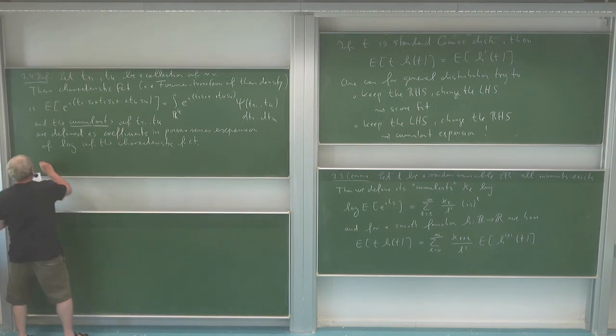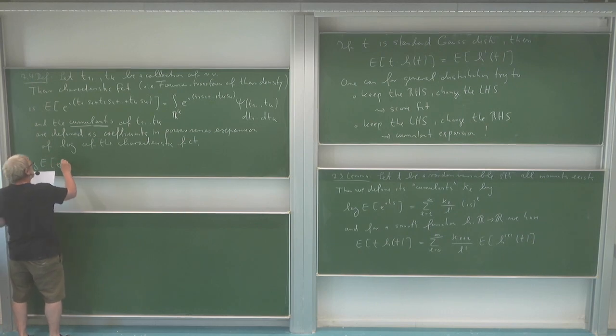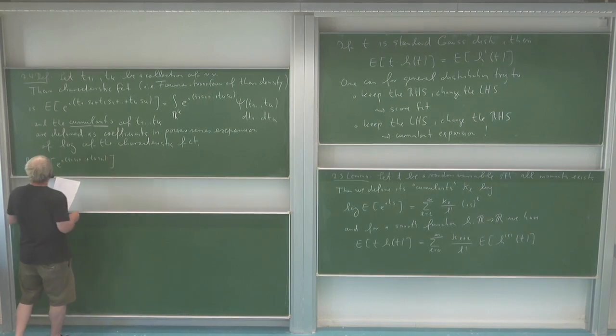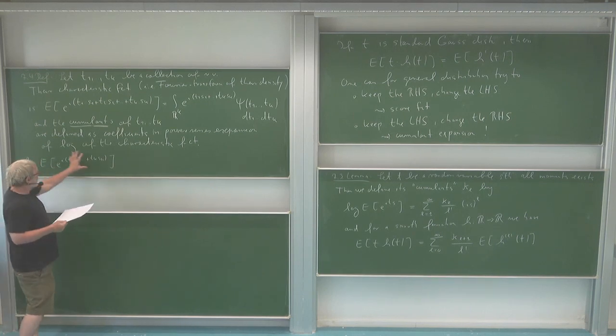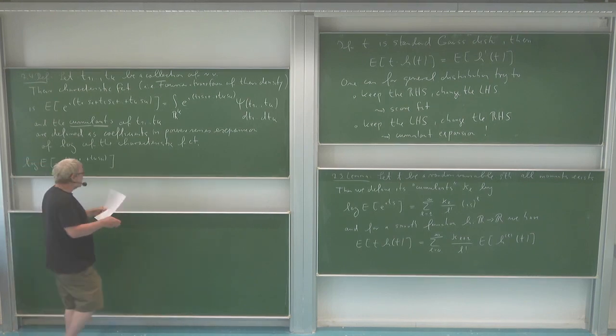So I take the expectation, I take the logarithm of what I had here, the expectation of e to the i (t1 s1 plus ... tk sk). So this is a function in the s's. If I take the logarithm, it's another function in the s's. Okay, and I do the power series expansion.